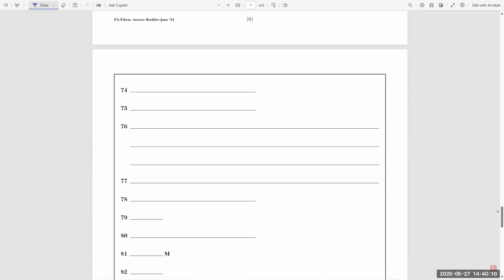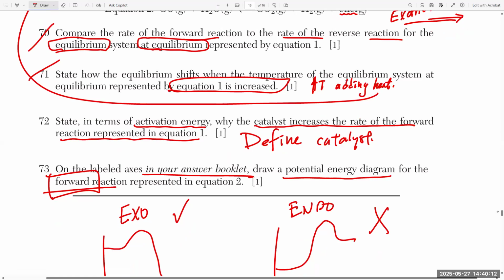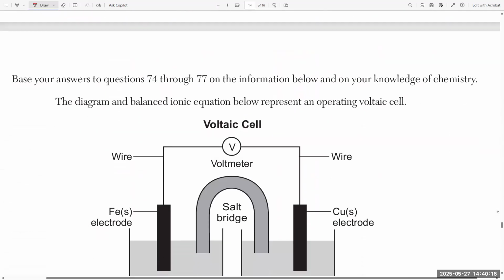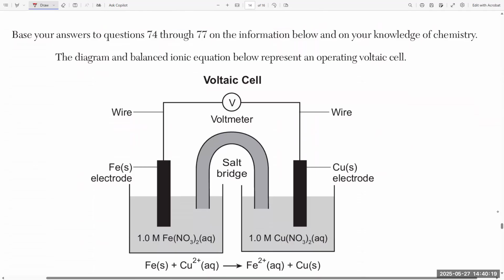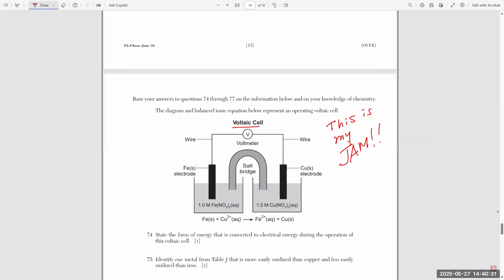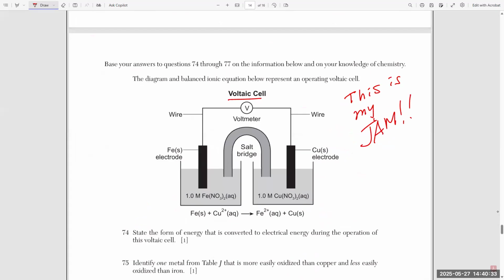Let's go to 74. The diagram labeled, oh, what is this? It is a voltaic cell. You don't need to do this on the actual test, but I've just got excited because you guys know how to answer this, right?